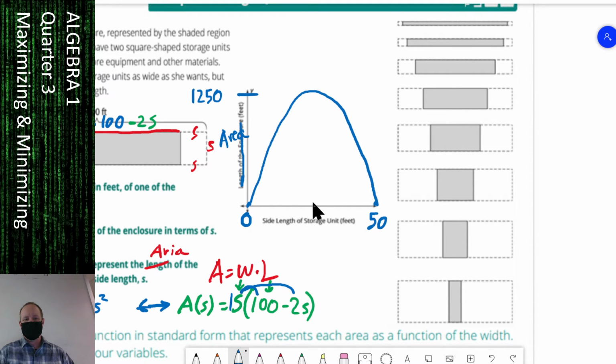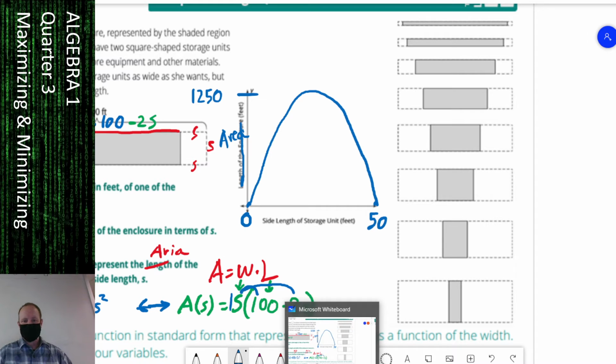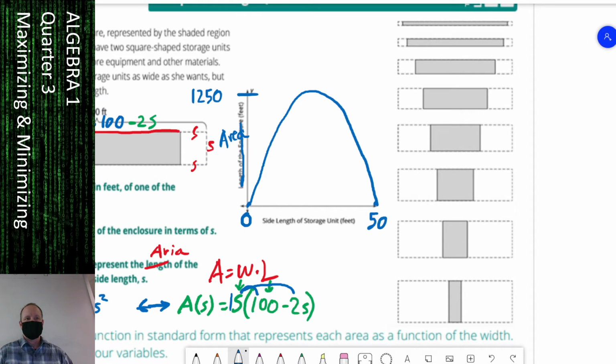What would the x value be, or the side length value be, right underneath this highest point? What do you think? Seems like it's symmetrical, right? It seems like this point, if we go straight down, we would get to 25 feet, right?